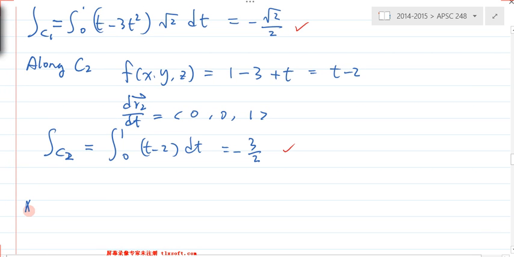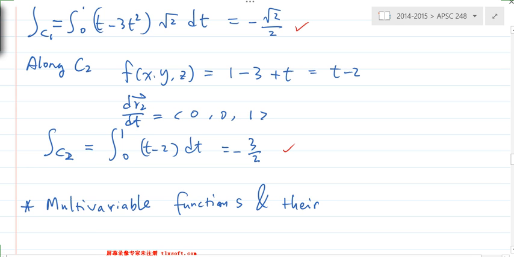This is basically starting off with a slightly different topic. We call that multivariable function. We're also looking at their operations.